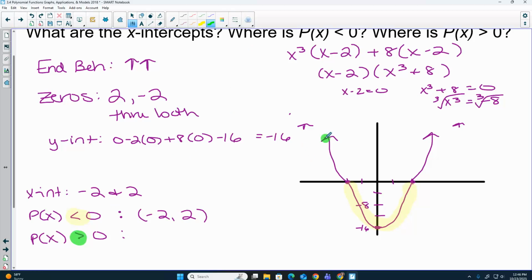What makes this greater than 0? So greater than 0 is above my axis, and that happens twice. So if I'm giving the intervals for my x's, this one's coming from negative infinity and going to negative 2. This one's starting at positive 2.